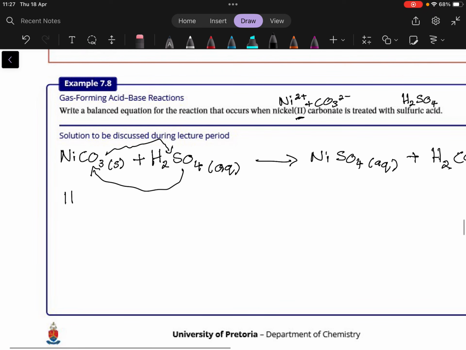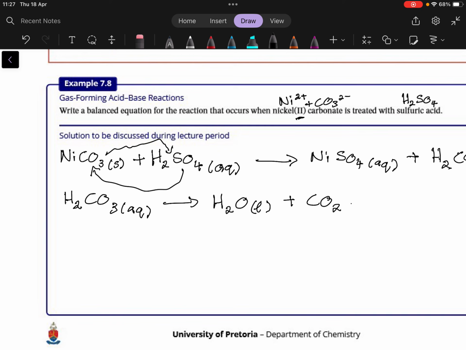So H2CO3 aqueous will split into water and carbon dioxide, gas.